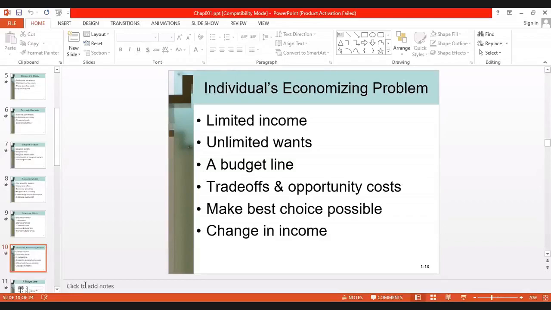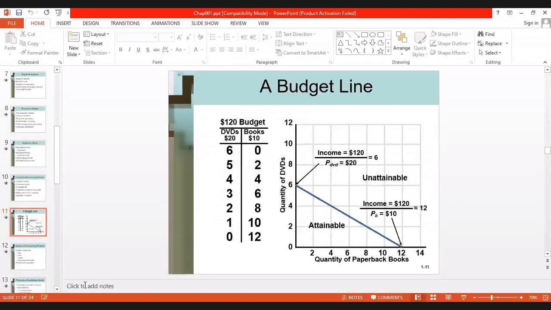Now this is an example. One commodity is a paper book, the other commodity is DVD. Only these two commodities this consumer can purchase. There is no other commodity. To simply explain, we assume only these two commodities are available.